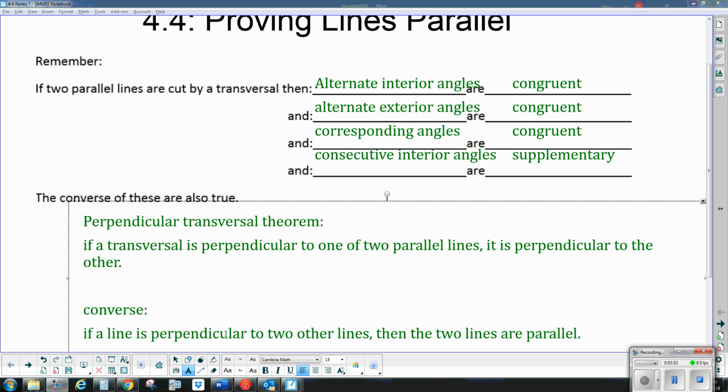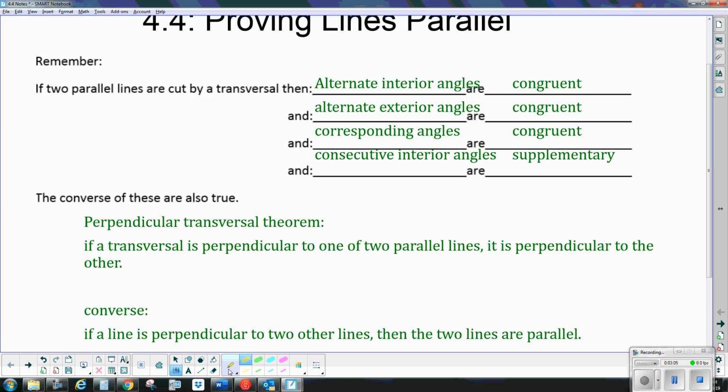So the converse of all of these first statements that we gave, the converse of all of these statements is true. So I'm just going to read through or explain what the converse of each of these would be. So the conditional is that if two parallel lines are cut by a transversal, then alternate interior angles are congruent.